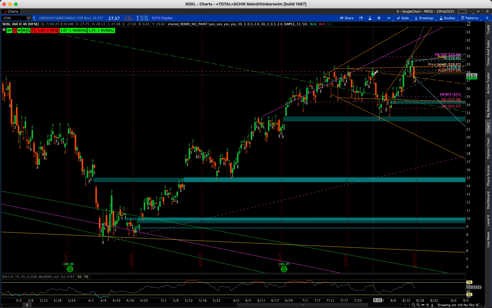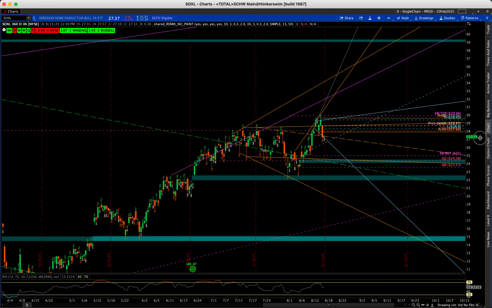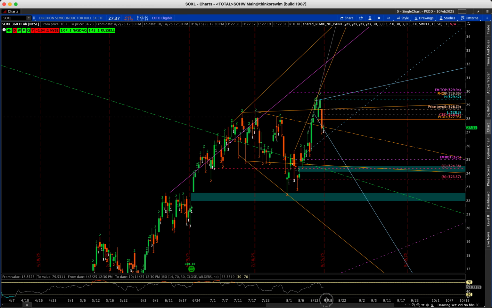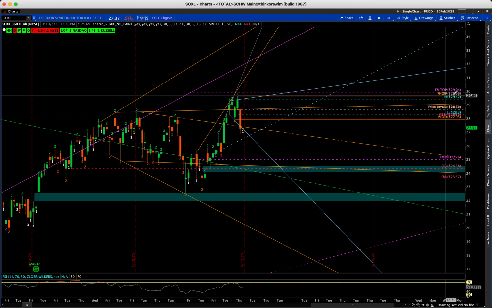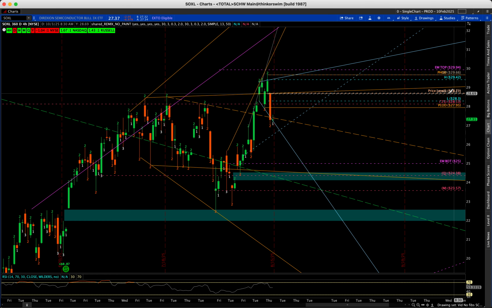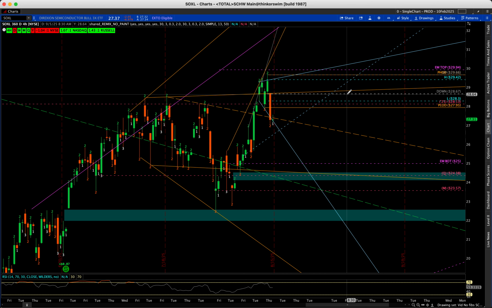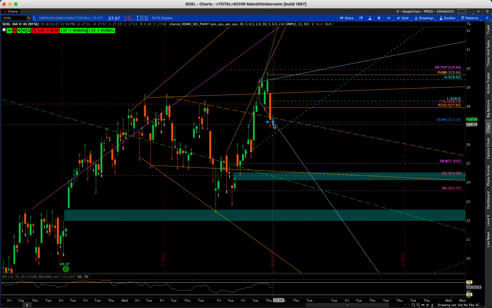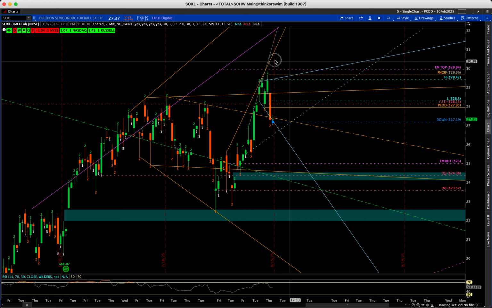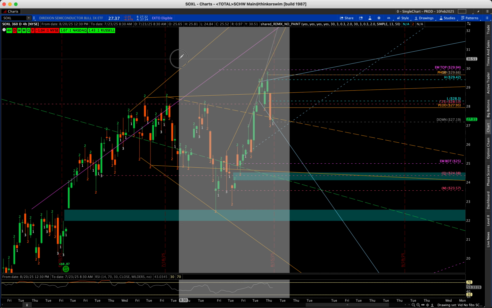So let's go back out to the 4-hour, and sorry, that kind of drew the video out a little bit longer, but I think it was important to go over. So let's remove the opening print, and let's move the 4-hour trigger to the downside to the low of the second 4-hour candle. Oops, zoom this in.